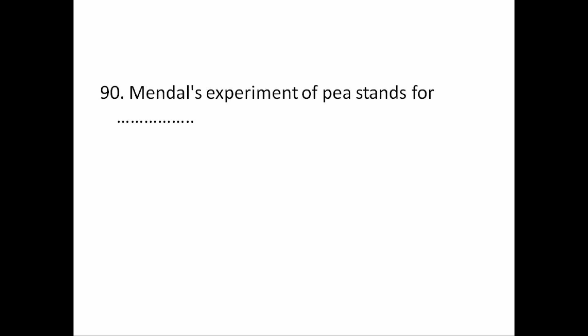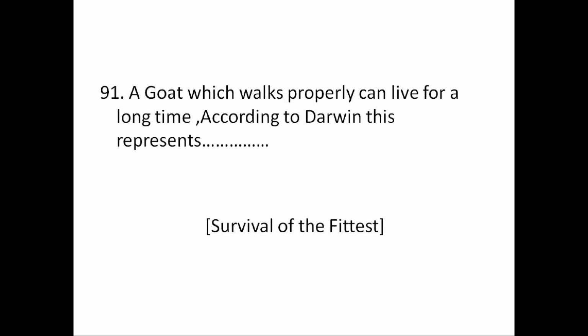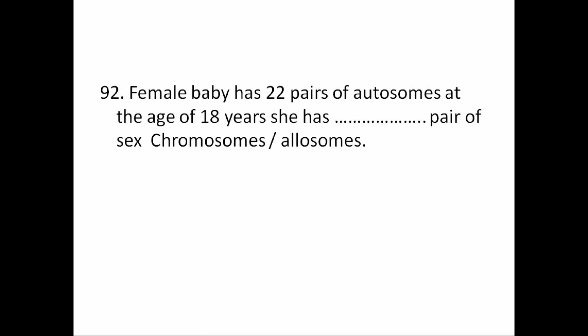Mendel's experiment of P stands for heredity and genetic variation. A goat which walks properly can live for a long time. According to Darwin, this represents survival of the fittest. Female baby has 22 pairs of autosomes.